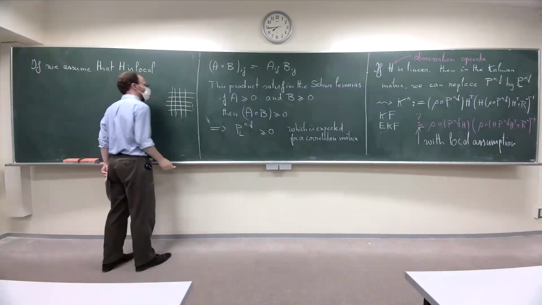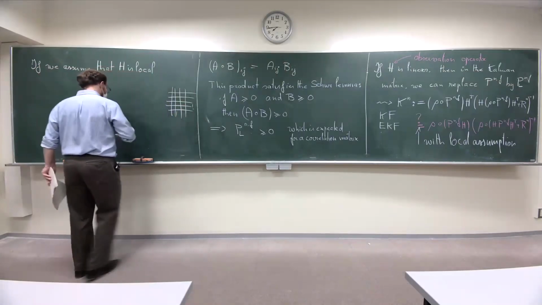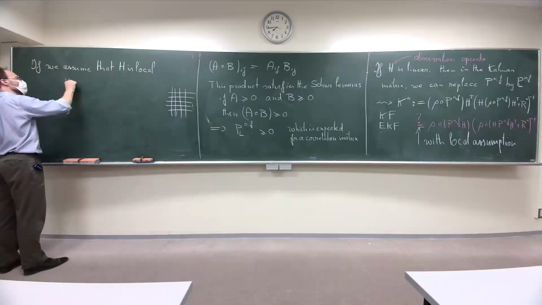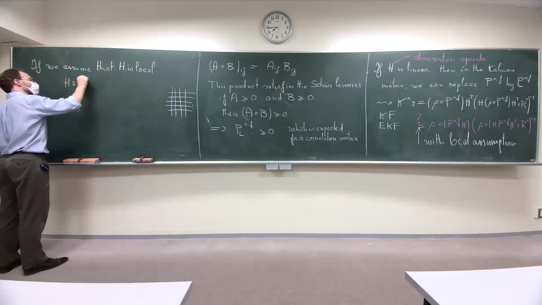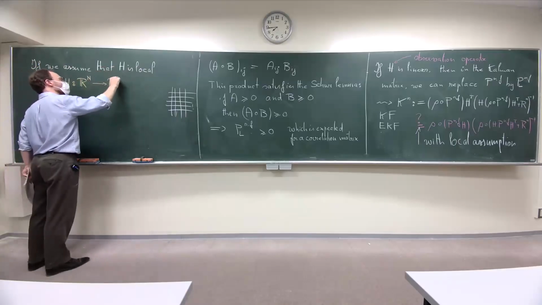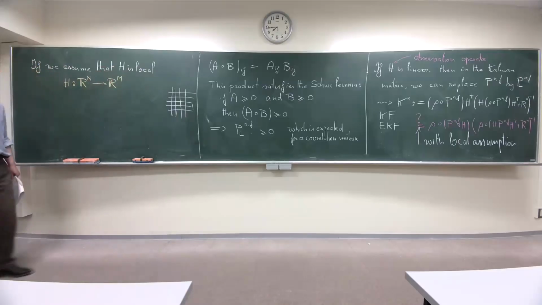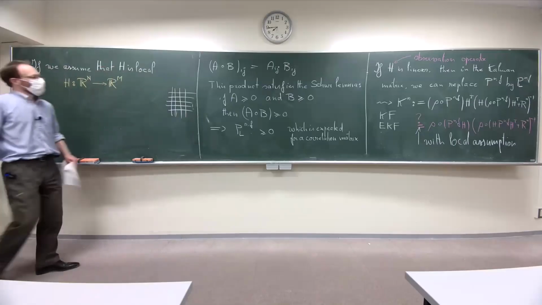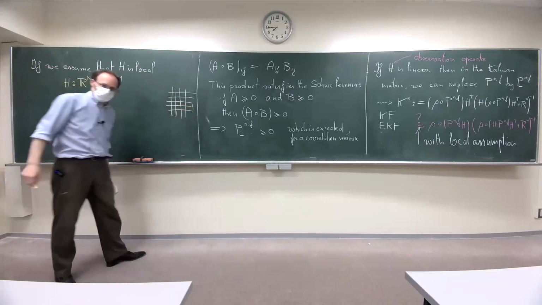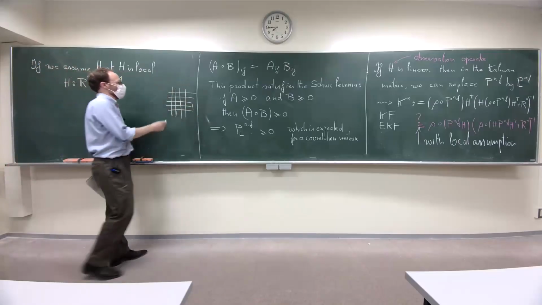Remember, I'm still in the case when H is linear. H is from R^n to R^m. What do I mean by local?